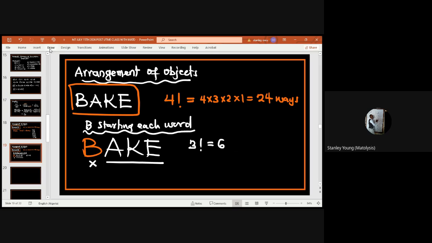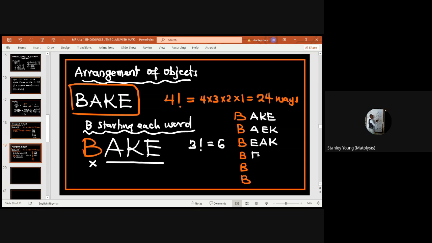Now, because this is not much, I can demonstrate it. So we have 6 different words you can form with B starting each word. So let me first put B here in 6 ways so that you see. So B is starting each word. The original word is BAKE. So I can have B, A with K and E swapping position, that's BAEK. I can have BEAK.